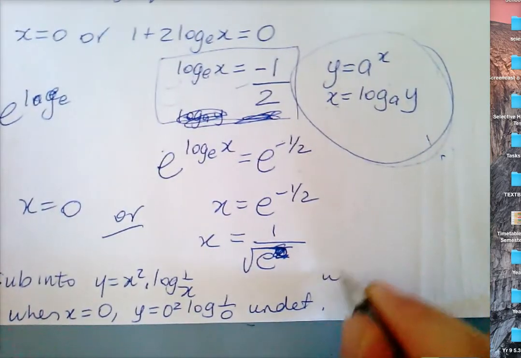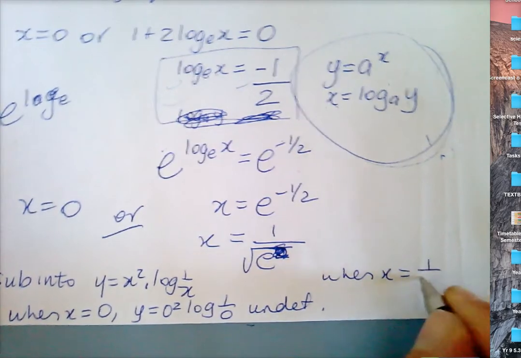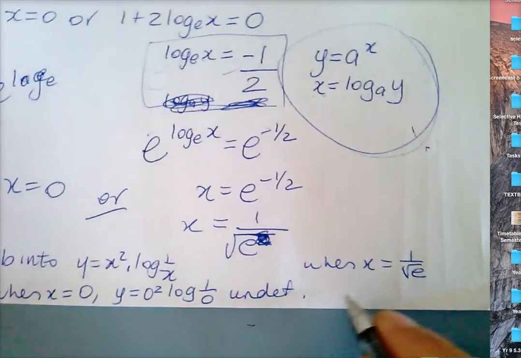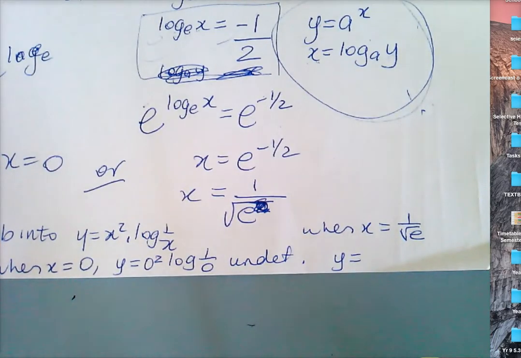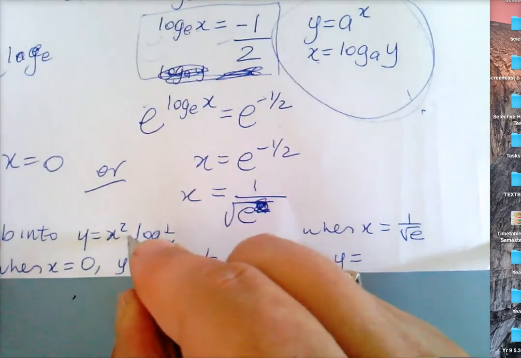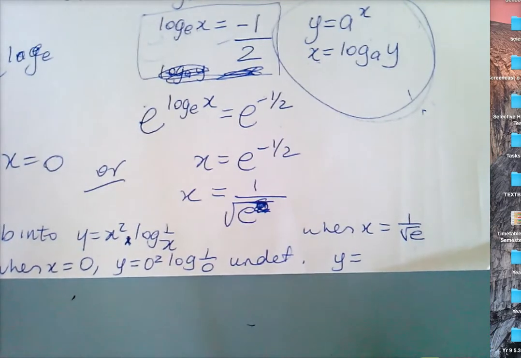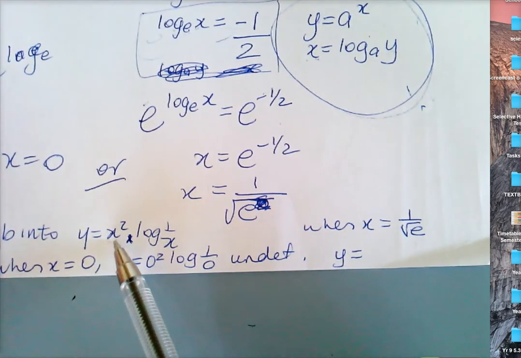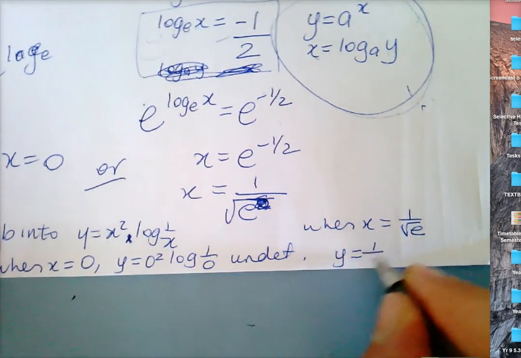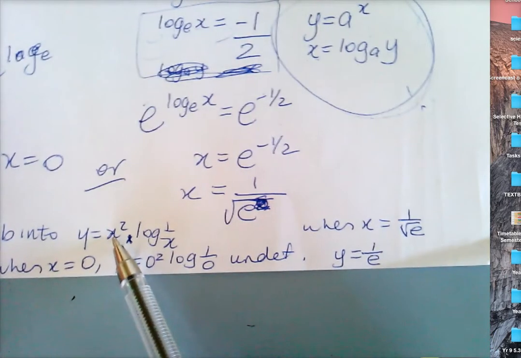And then when x is 1 on root e, y is, what do you get? Just try and substitute straight in. What do you get? We're substituting into that. 1 on e. Don't you get 1 on e? Because you're squaring it.